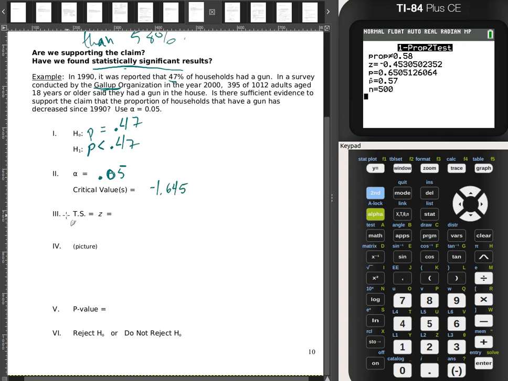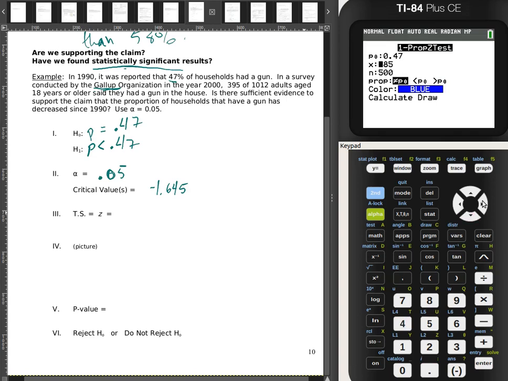In this case, we will resort immediately to the calculator to carry on with this problem, because calculating this test statistic just happens so much more easily by going to 1-PropZTest. And we're testing against the null hypothesis, which is that the proportion is 47%.